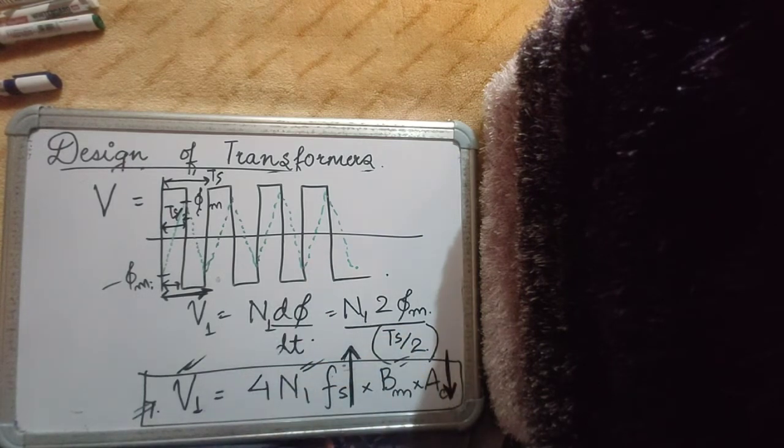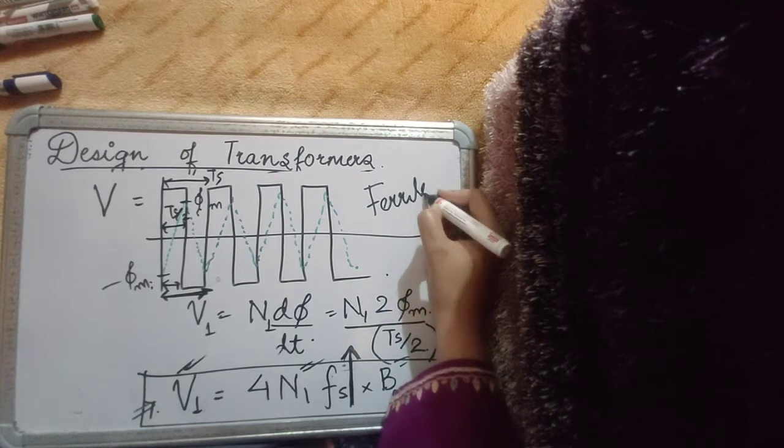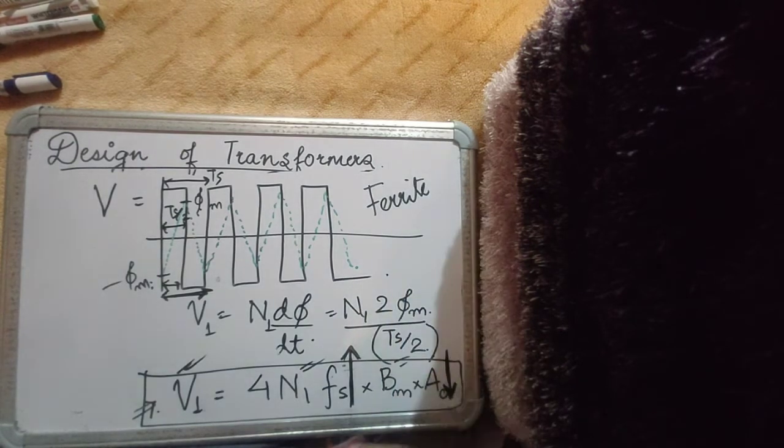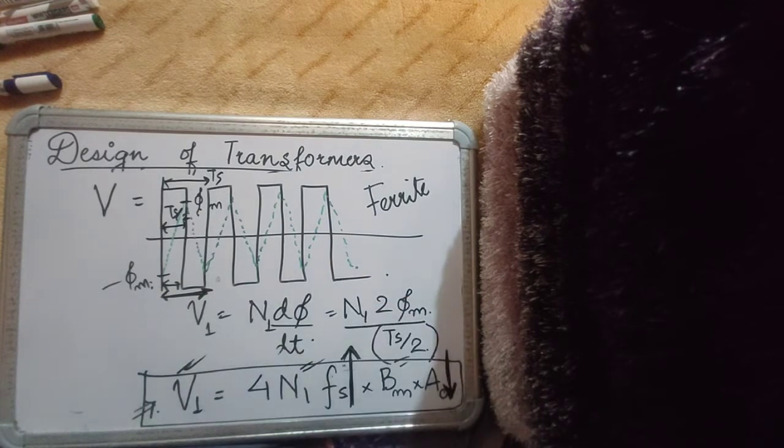To minimize that loss, you use narrow hysteresis cores. That's why small ferrite cores with tall BH curves, because we need a small cross section of the core, are used in transformers for power electronics applications.